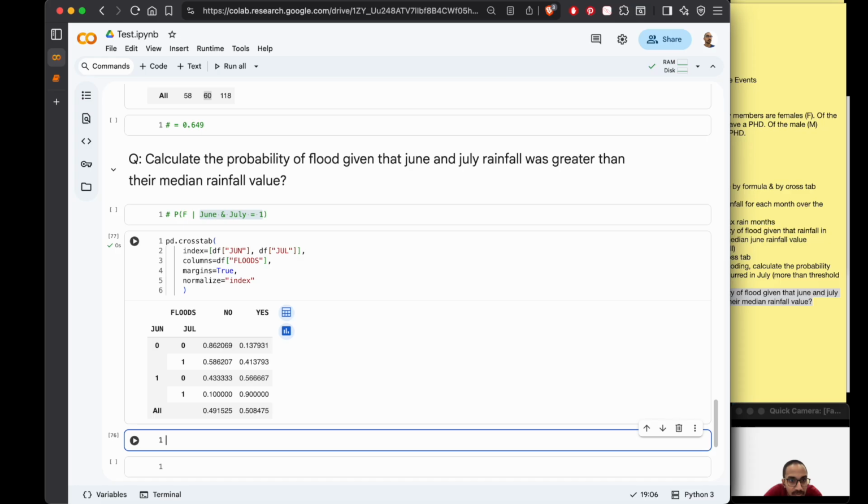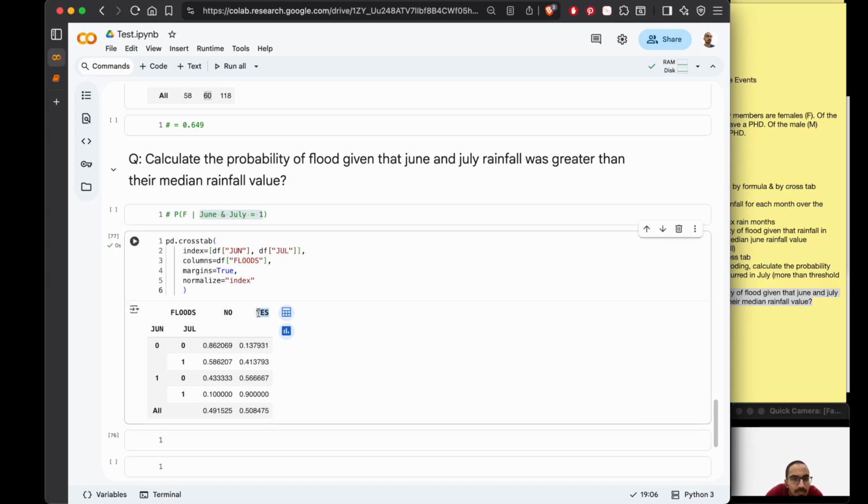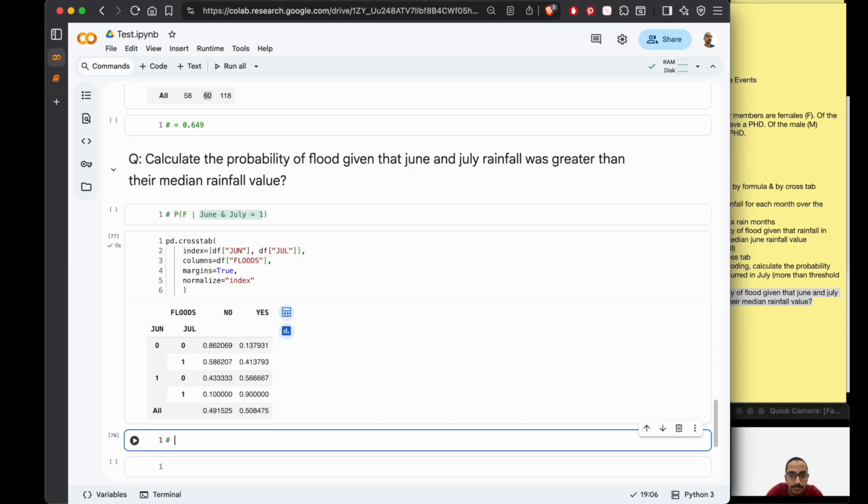And based on the question, floods is true, so there is floods, and June and July both have to be 1. So we have June 1 and July 1, which is this value. So there is 90% chance, 0.900 or 90%.